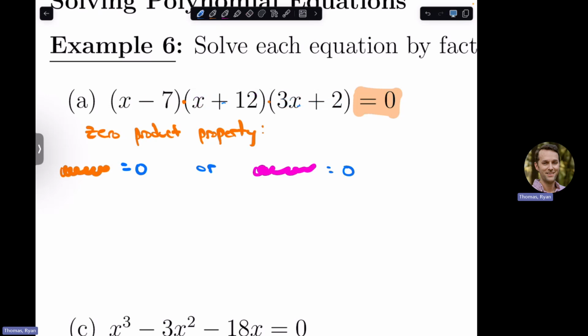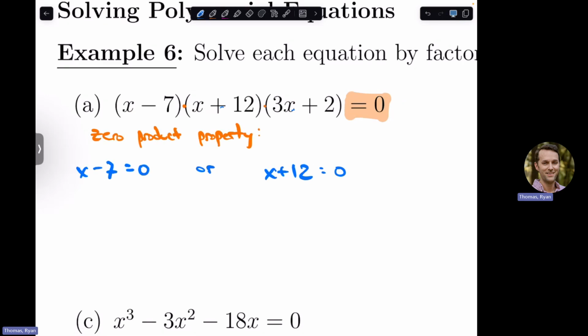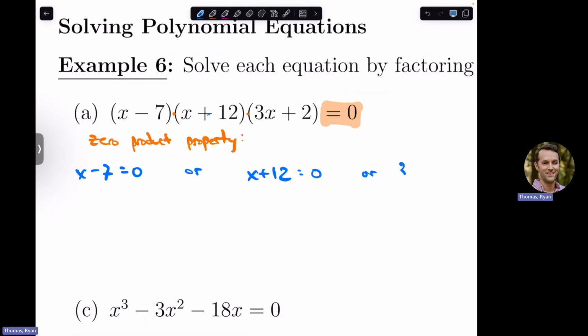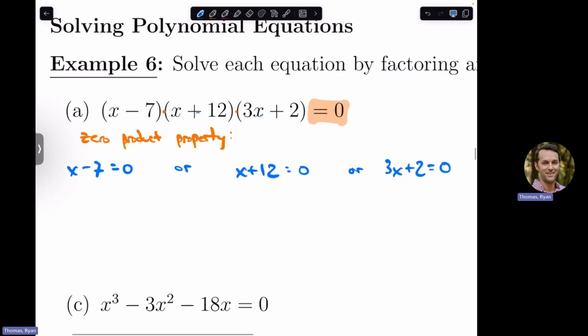So the possibilities are that x minus 7 could be 0, or x plus 12 could be 0, or 3x plus 2 could be 0, which means that the solutions are x equals 7, x equals negative 12, 3x is negative 2, so x is negative 2/3. Right?